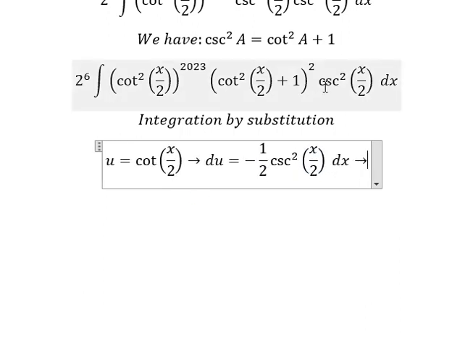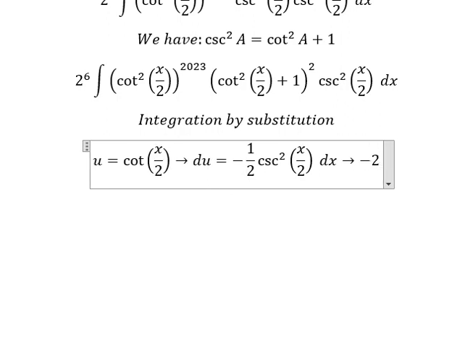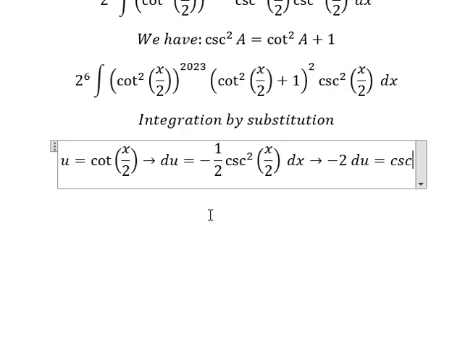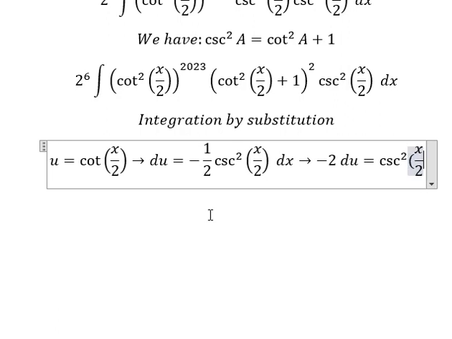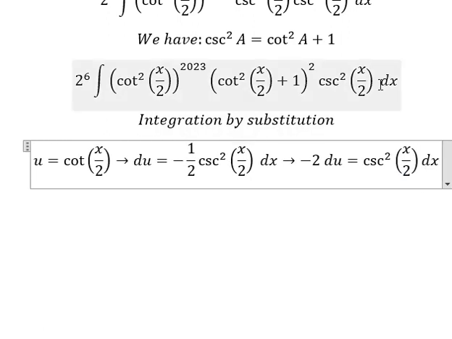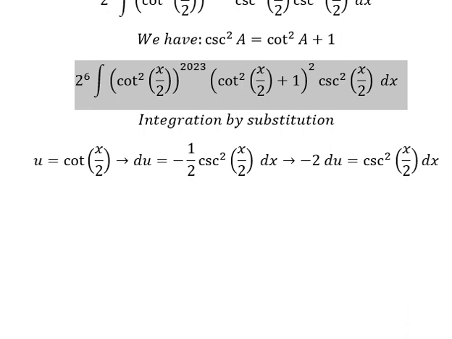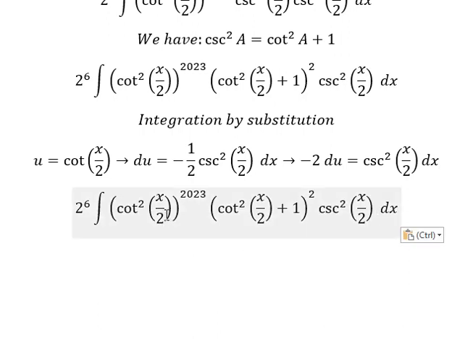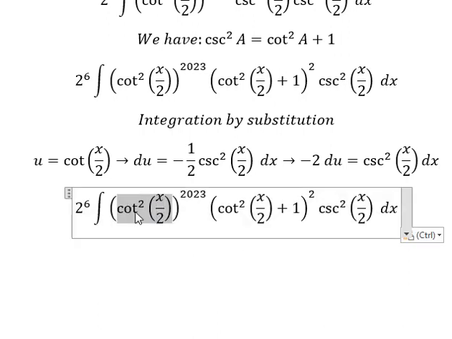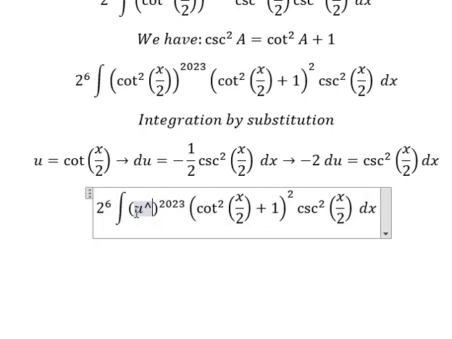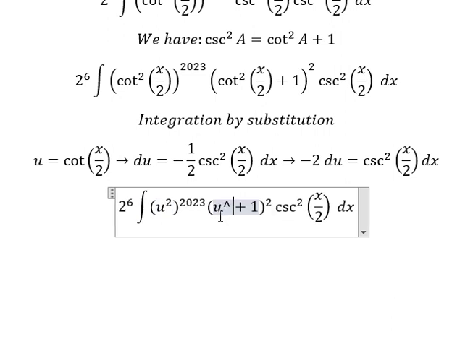Because we don't have negative 1 over 2, we need to multiply both sides by negative 2. This one we change by u, and we have u squared. This one we change by u. This one we change by negative 2 du.